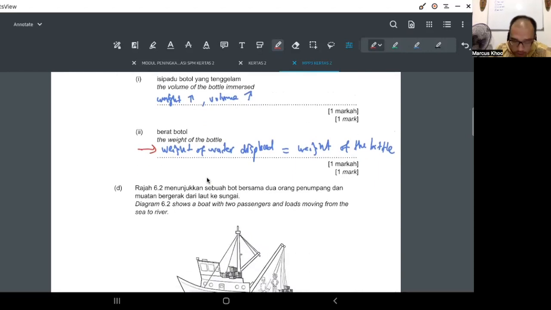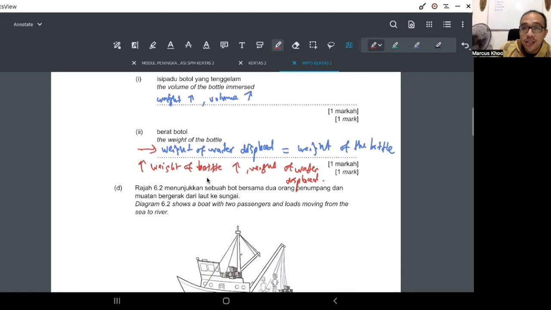But you can also argue that the bigger the weight of the bottle, the bigger the weight of water displaced. It can also be argued that way. So I wouldn't know.